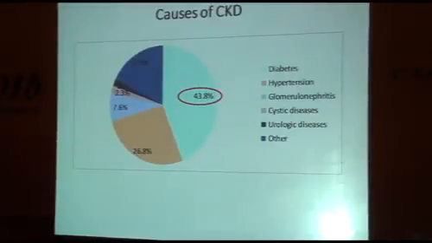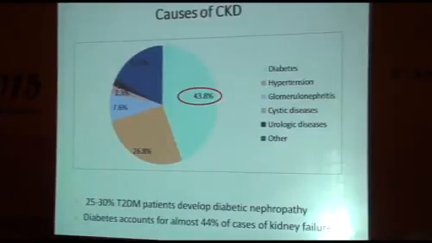It's the commonest cause of CKD in the present scenario. And we also know that nearly 25 to 30% of type 2 diabetics in their lifetime go on to develop nephropathy. And this proportion is more or less similar in type 1 diabetes also.